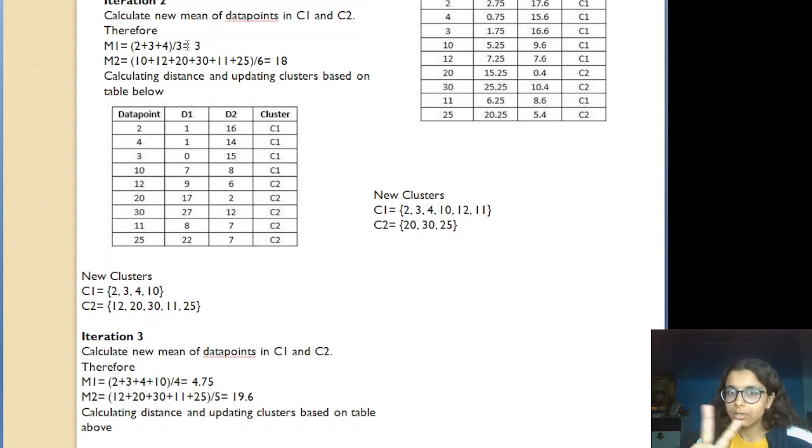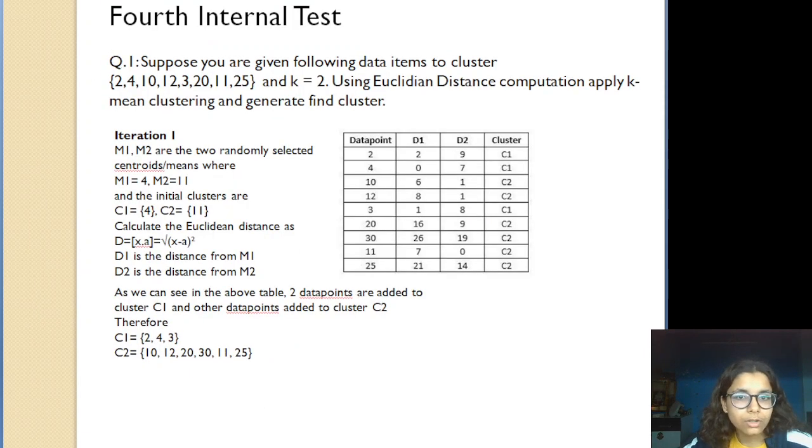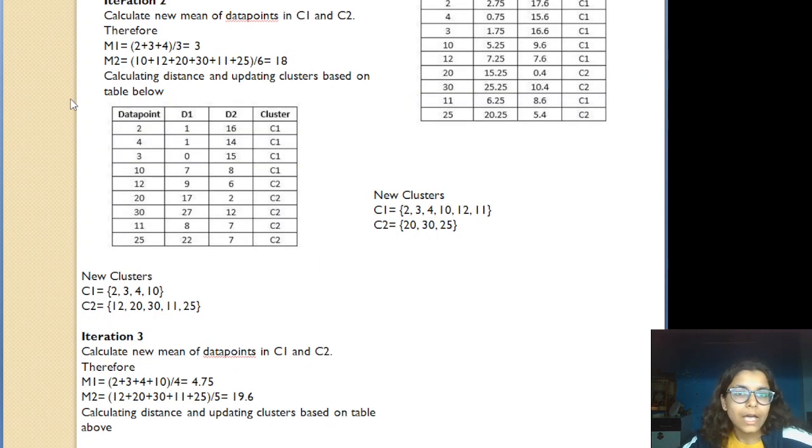Then we take the mean of the second cluster, which is 10, 12, 20, 30, 11 and 25, and get the value 18. So this is the new M2; the previous M2 was 11, now it shifts to 18. With respect to both M1 and M2, we calculate the distances and update the clusters.